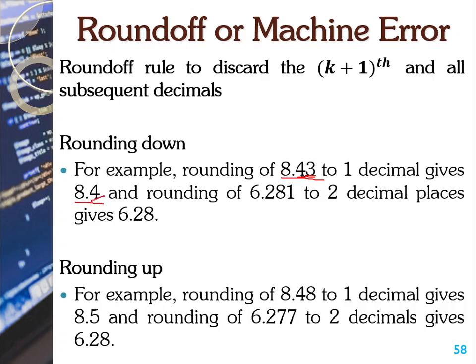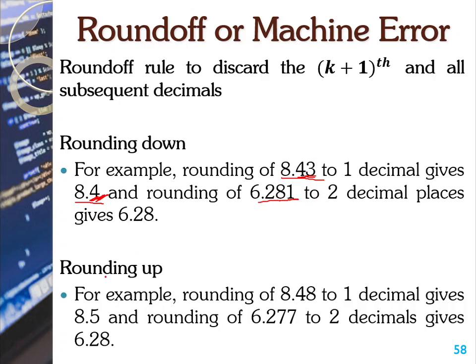So in this case, this decimal place, that is the first one, is not going to increase. A similar thing is seen here when we would like to round off this number 6.281 to 2 decimal places, and because the next digit is not bigger than 5, we just have to maintain the 28.